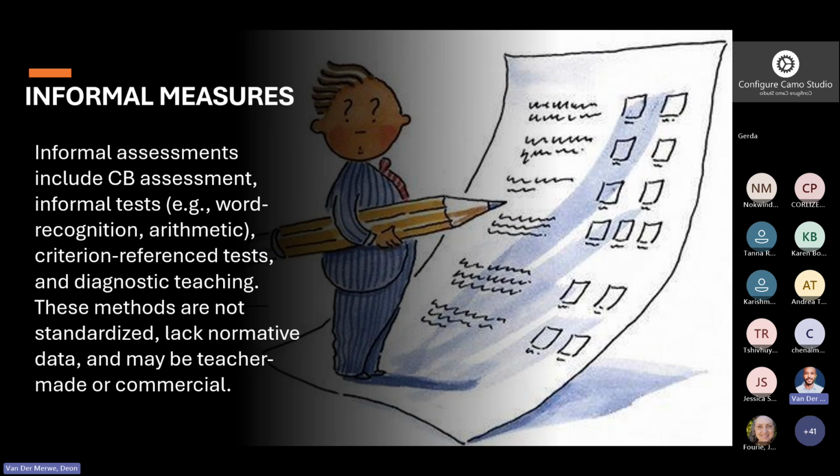And unlike formal tests, they aren't tested on large groups, and there's no norm data to compare the learner's performance to. But they have a lot of benefits.